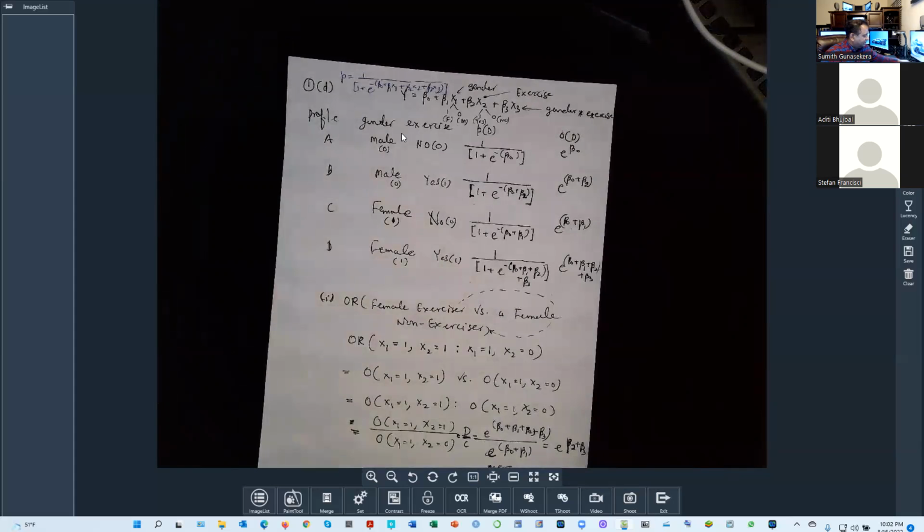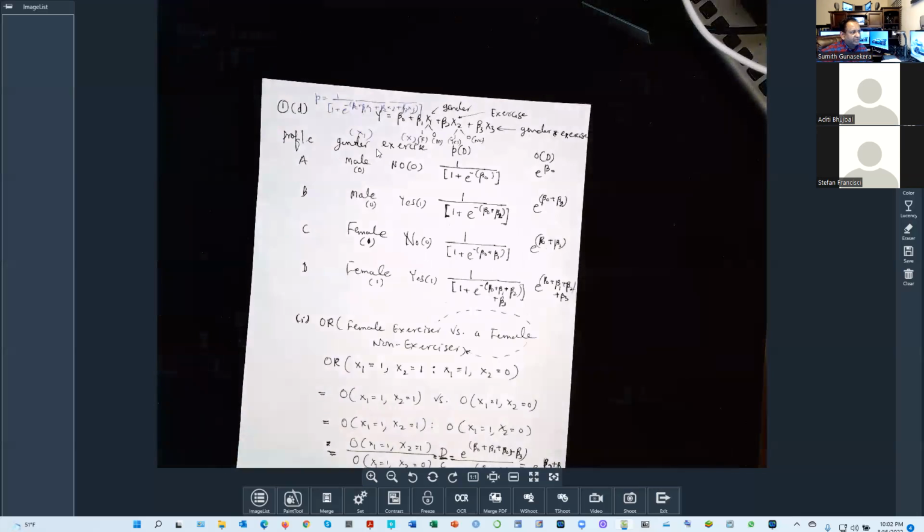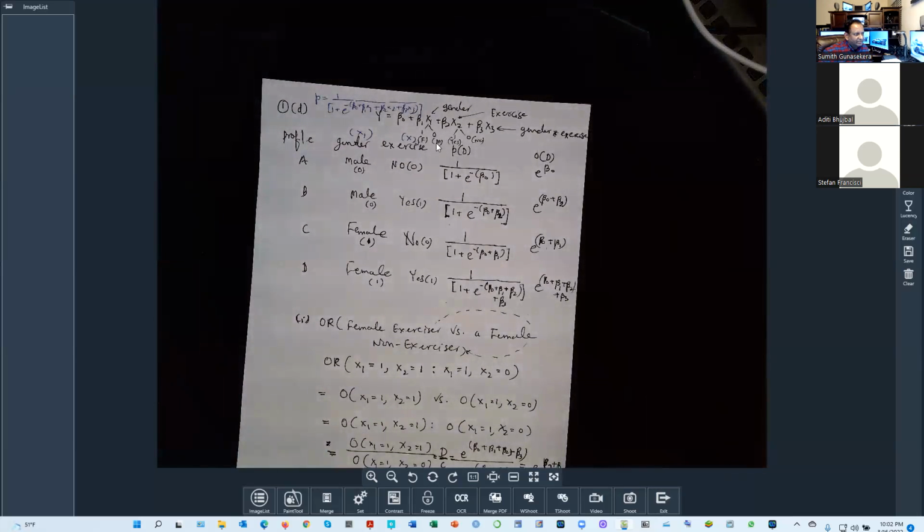This one x1, because they were not looking for that one. I call them x1 and x2. If you want, you can put x3 here, thinking that you have 8 profiles because of 3 variables.